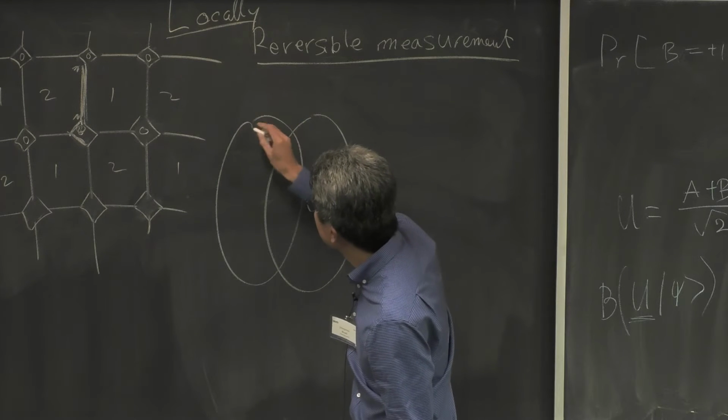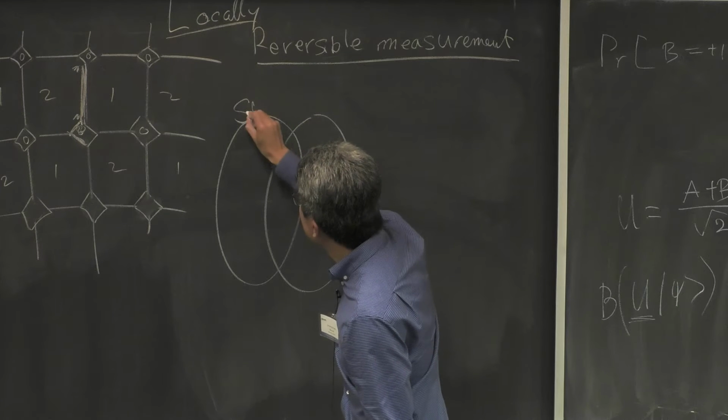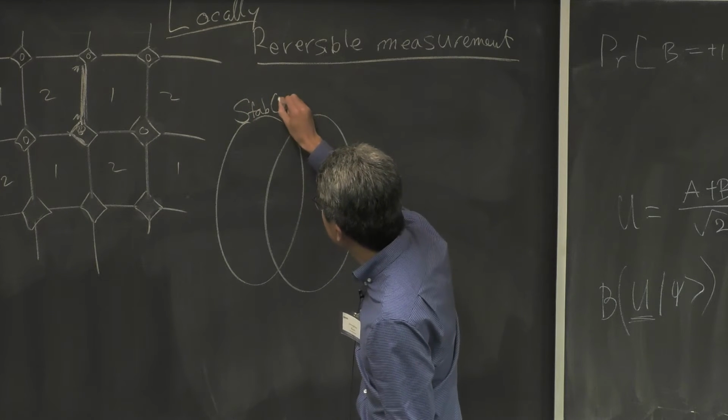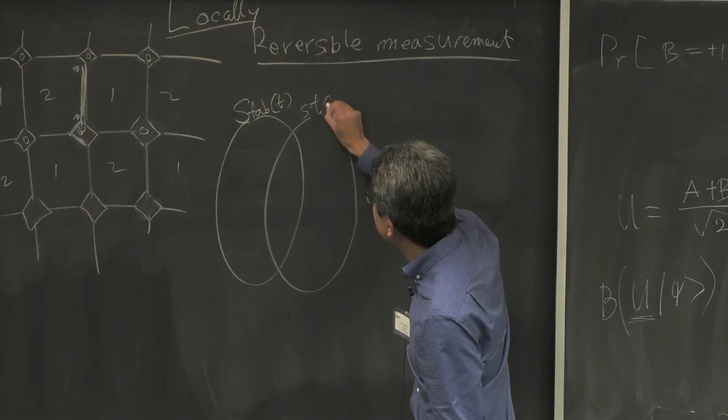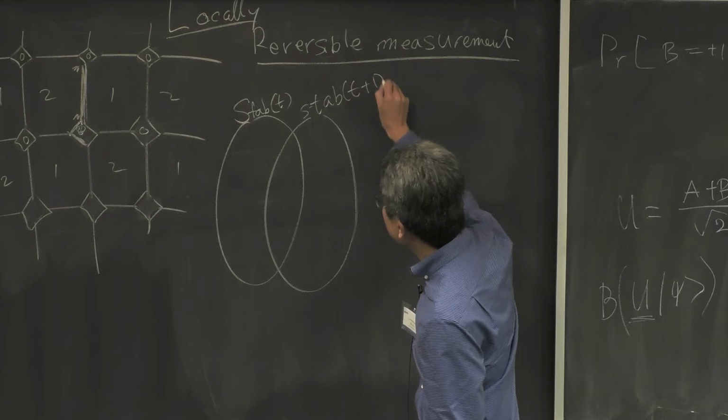What's happening is this. Think about the stabilizer group at time step t, and you consider the stabilizer group one step later.